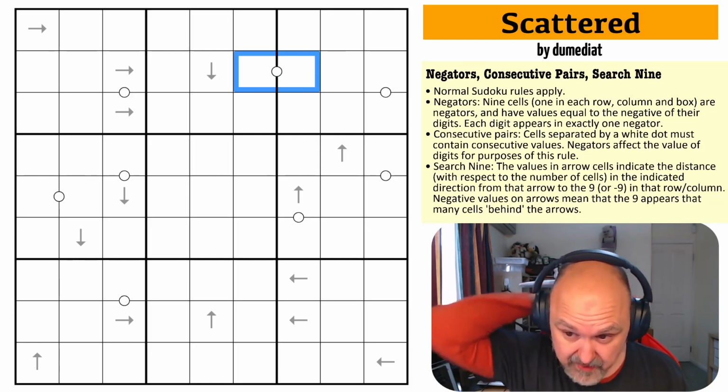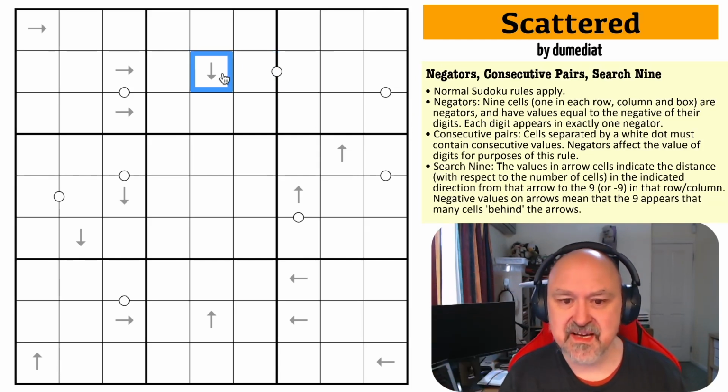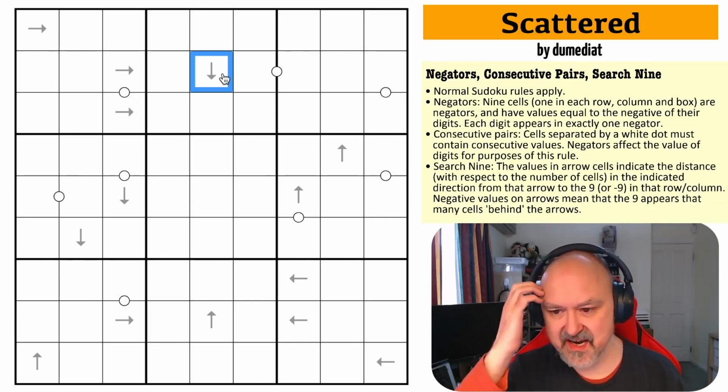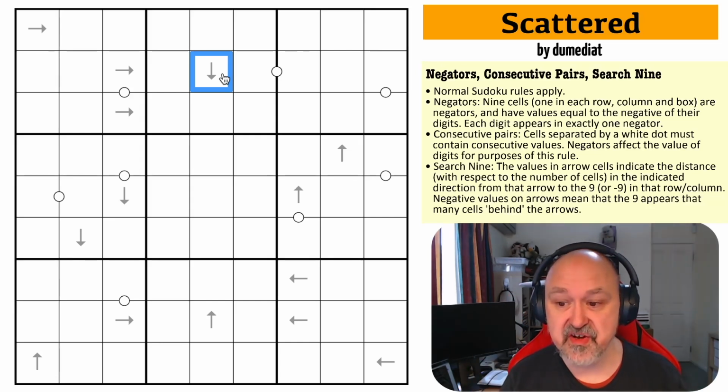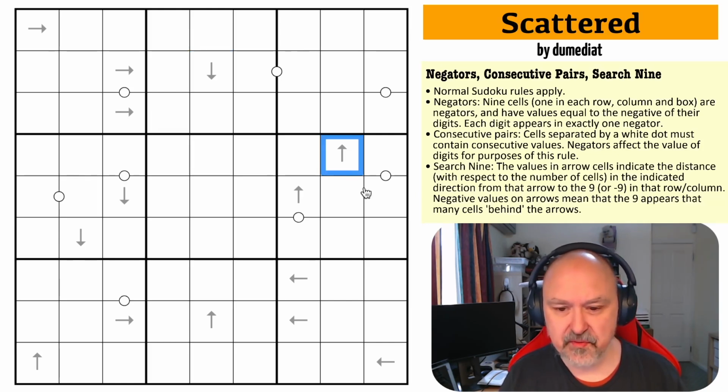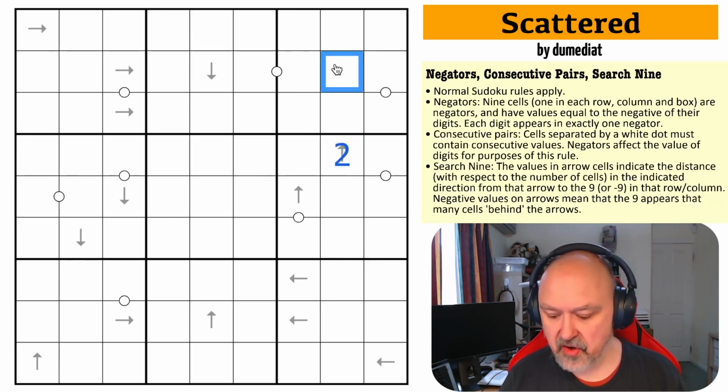Values in arrow cells indicate the distance, with respect to the number of cells in the indicated direction from that arrow, to the 9 or -9 in that row or column. Negative values on arrows mean that the 9 appears that many cells behind the arrow. So for example, this cell, if this was a 2, then that would mean that the 9 would be here.